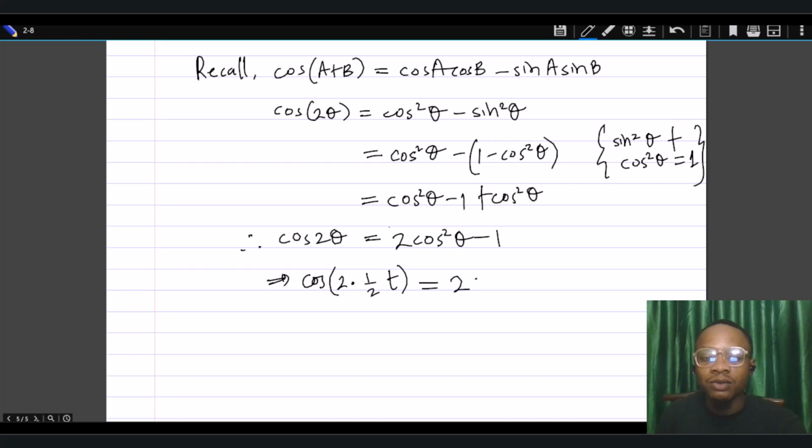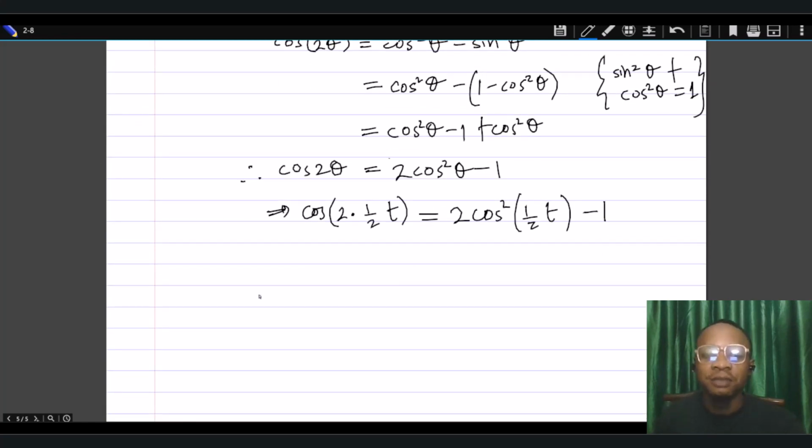That will be equal to 2 cos squared theta, where our theta is 1 over 2t, and then minus 1. Okay, so simplifying this further, this is cos 2 times 1 over 2, that is 1. So this is cos t equal to 2 cos squared 1 over 2t, that's 0.5t, then minus 1.